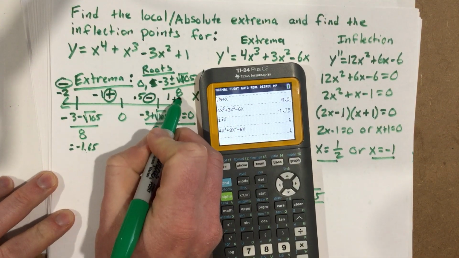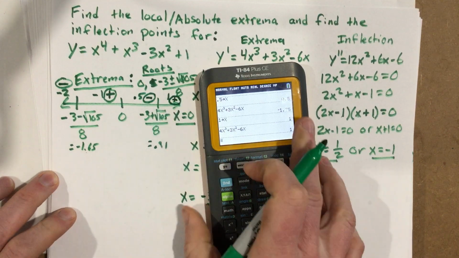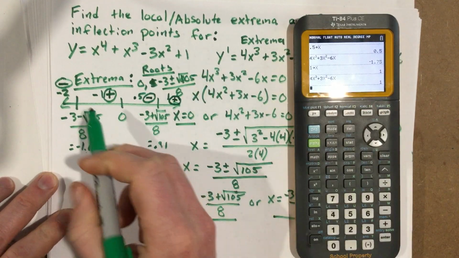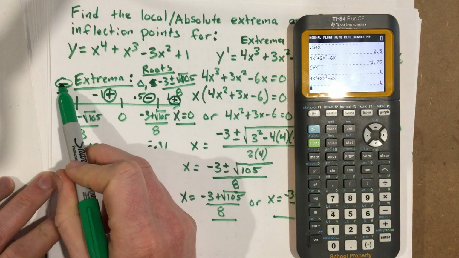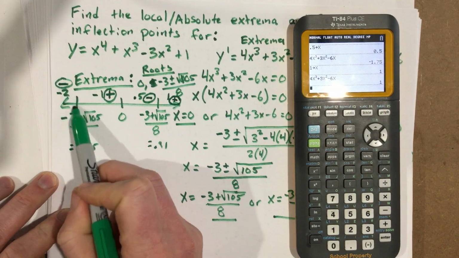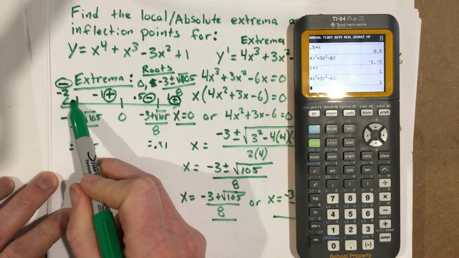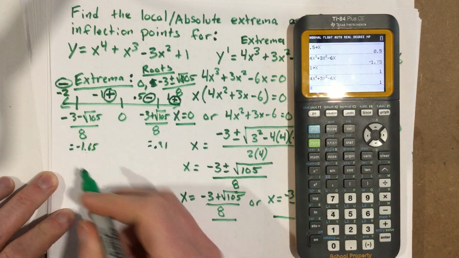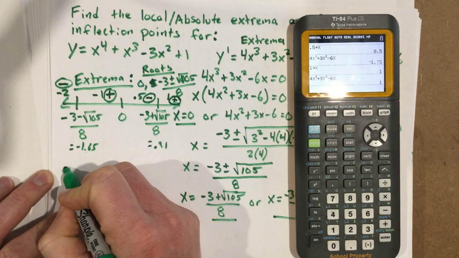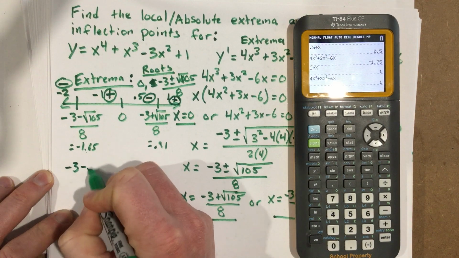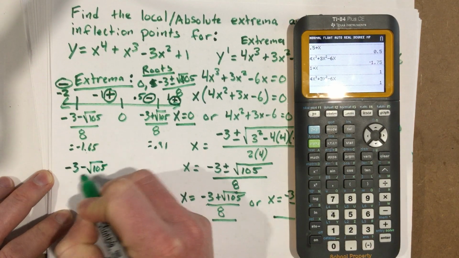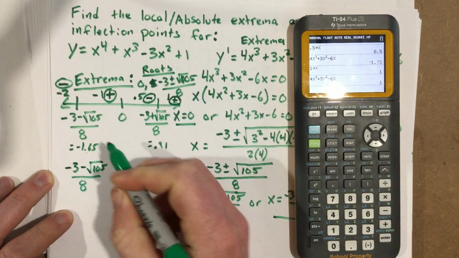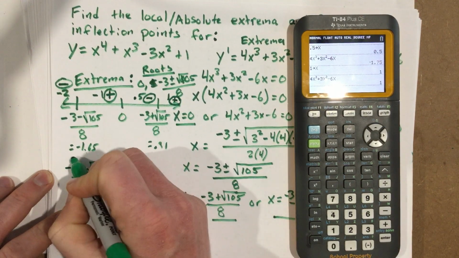So what's that tell me? That tells me that I've got a decreasing slope up into this root, so it decreases to this root, and then all of a sudden it increases. That means this is a minimum. So I can say that negative 3 minus root 105 over 8, this is a minimum.